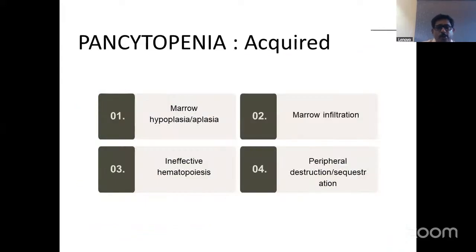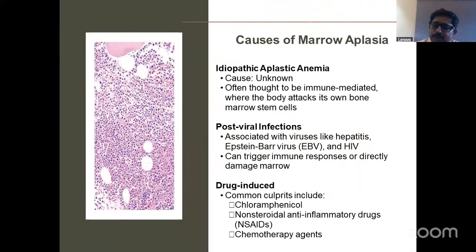Now, as far as acquired pancytopenia is concerned, I already discussed that marrow hypoplasia or aplasia, marrow infiltration, ineffective hematopoiesis, and peripheral destruction or sequestration can lead to pancytopenia. Now, what are the causes of marrow aplasia?